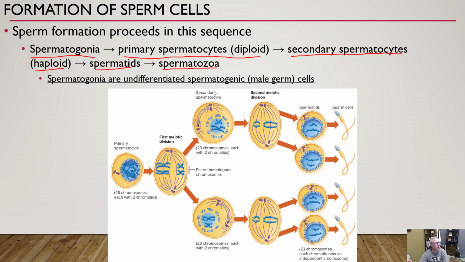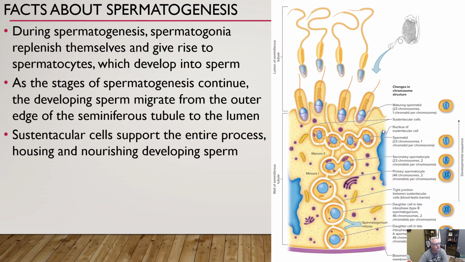And all spermatogonia are just undifferentiated spermatogenic cells, or male germ cells. Because they are undifferentiated, they can replenish themselves, and they can give rise to spermatocytes, which develop into sperm.